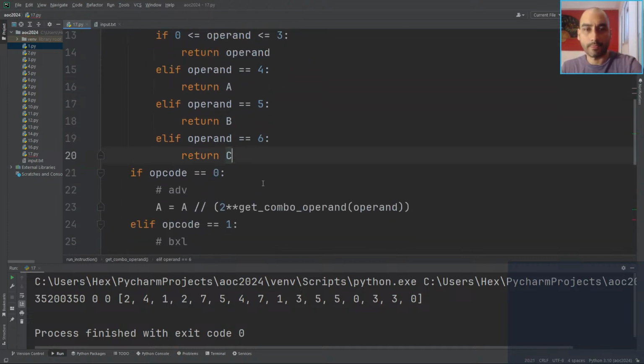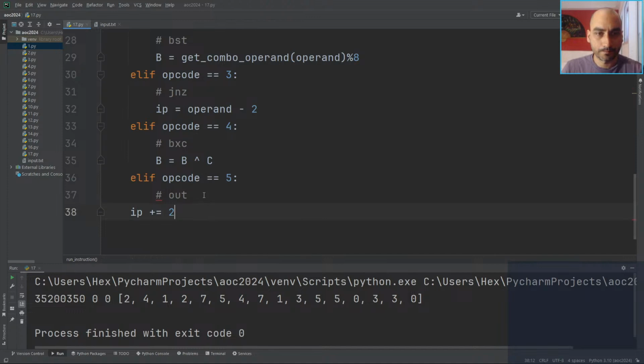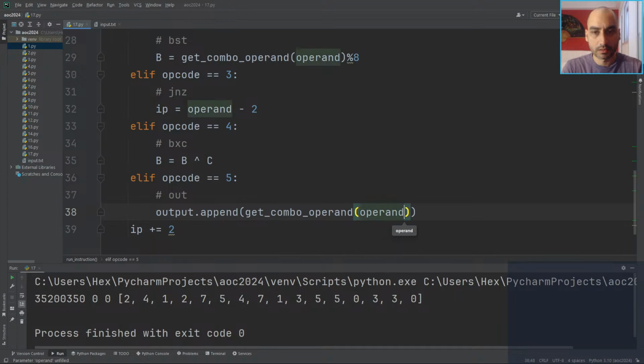Okay. So combo operand modulo 8 and outputs the value. So output dot append get combo operand modulo 8.